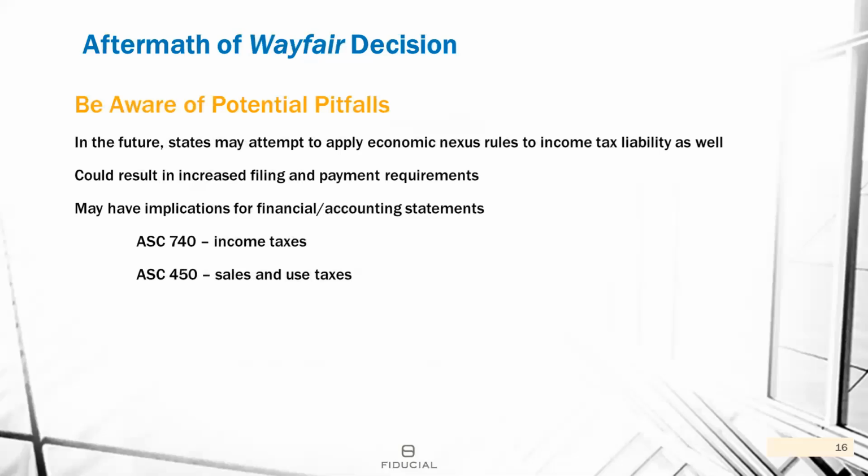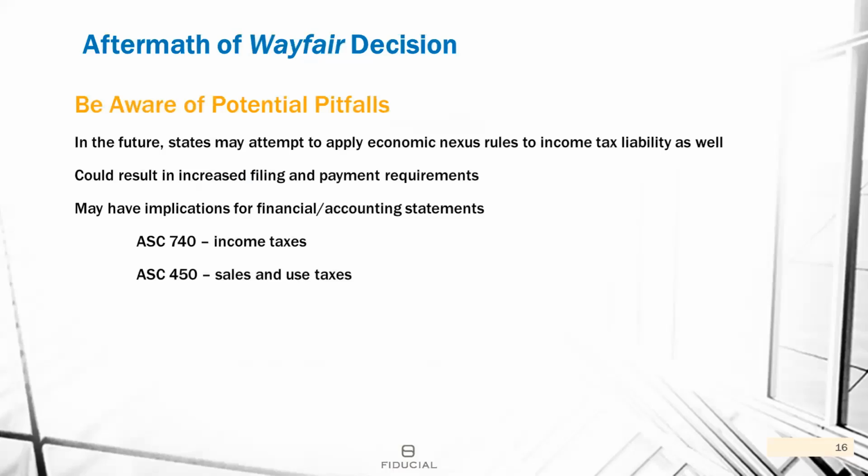Then another thing to be aware of is that in the future, states may attempt to apply economic nexus rules to income tax liability as well as sales tax liability. Traditionally, income tax liability has been tied to having some kind of physical presence within a state. However, now the door has been opened for that to possibly be changed in the future.